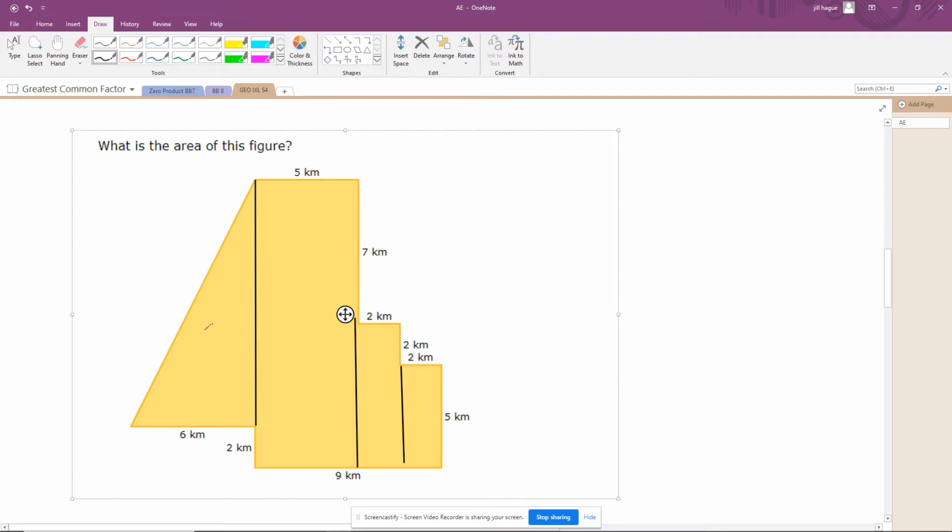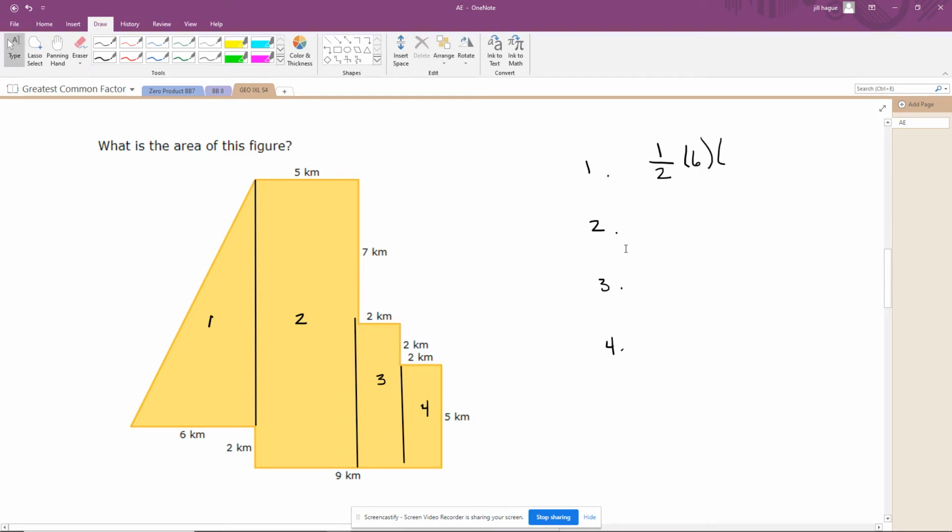All right, so now we have a shape here 1, we have a shape here 2, we have a shape 3, and we have a shape 4. So I'm going to write a 1, 2, 3, 4 over here on the side, and let's calculate some areas. Okay, so the area in the first is going to be a triangle, which is 1/2 of the base, which we know is 6, times the height, which we have to calculate, right?